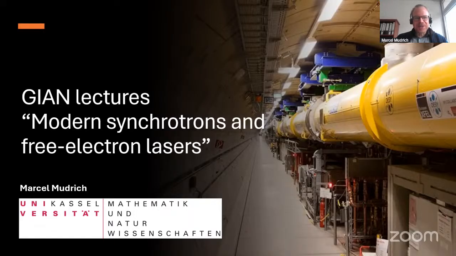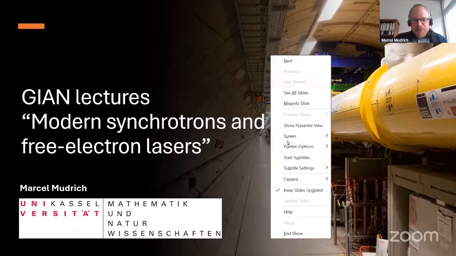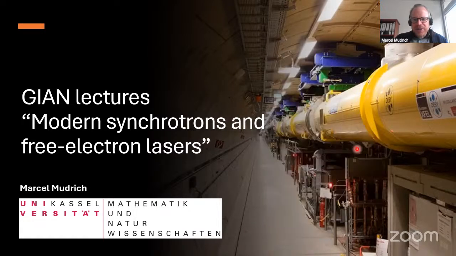So we are still stuck with modern synchrotrons, but next week, I assure you, we will get to the free electron lasers as well. And you will see anyway that many components of synchrotrons are just the same or just upgraded versions of the components that are used in free electron lasers.